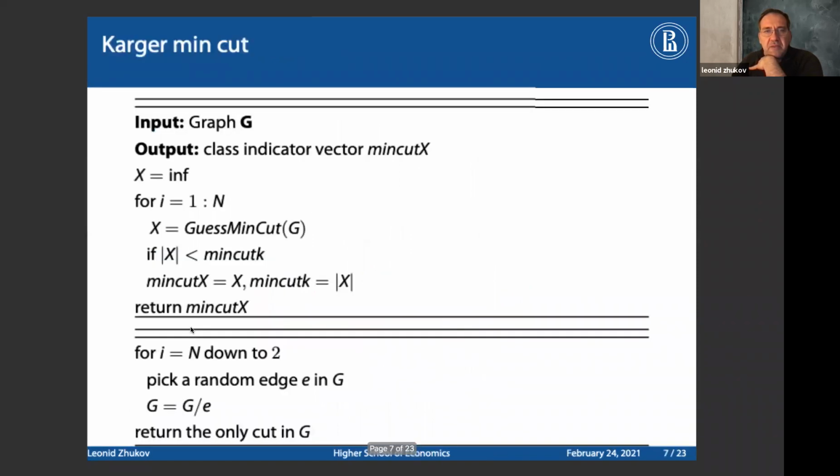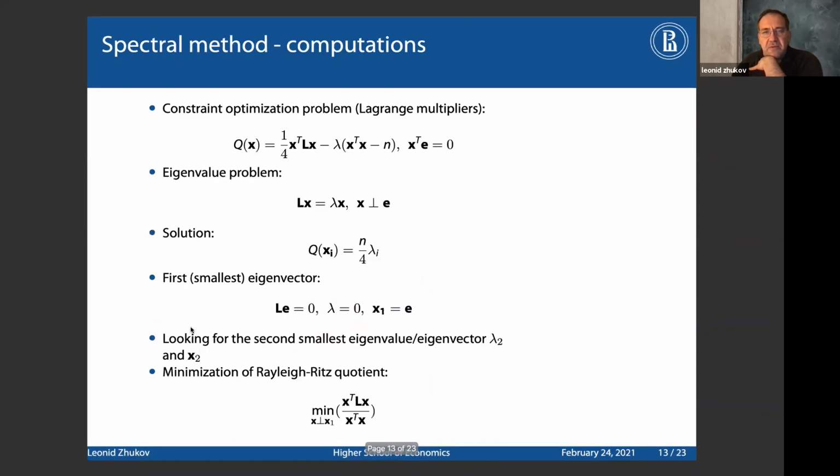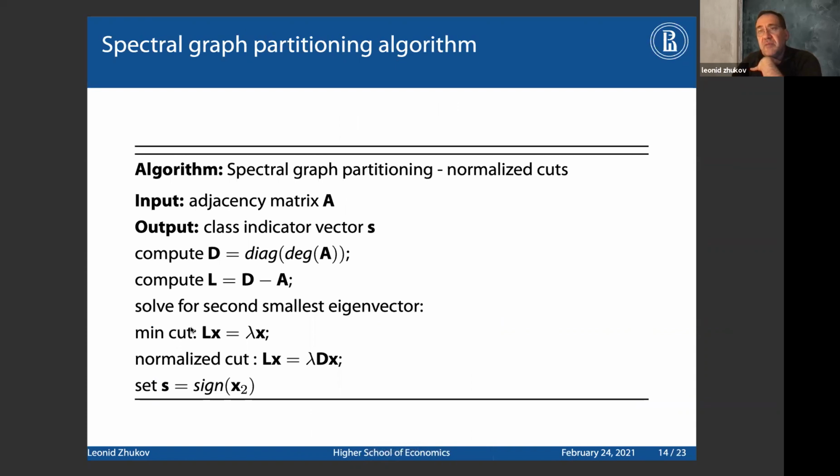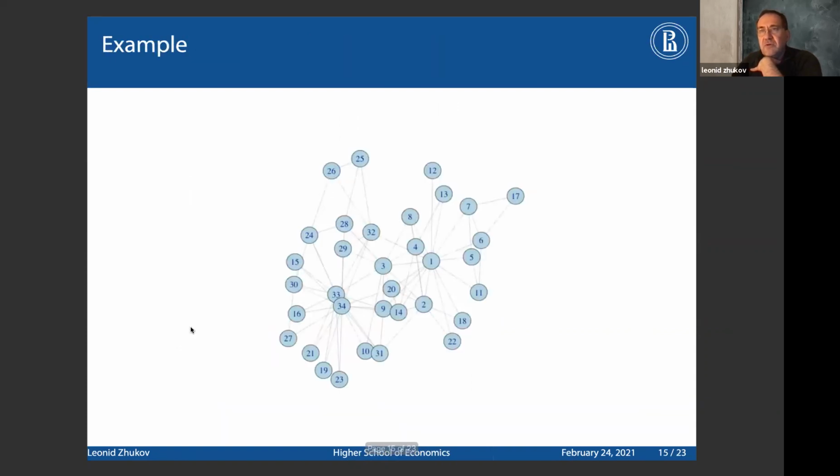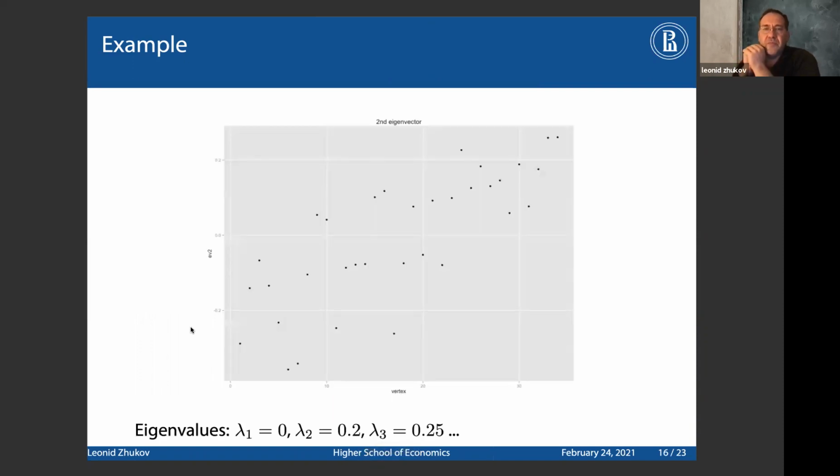So going back to the solution, now that's an algorithm. Now let's look at how it works. You have seen this graph before. This is the karate graph. We want to find the partitioning. What you have here is the following.